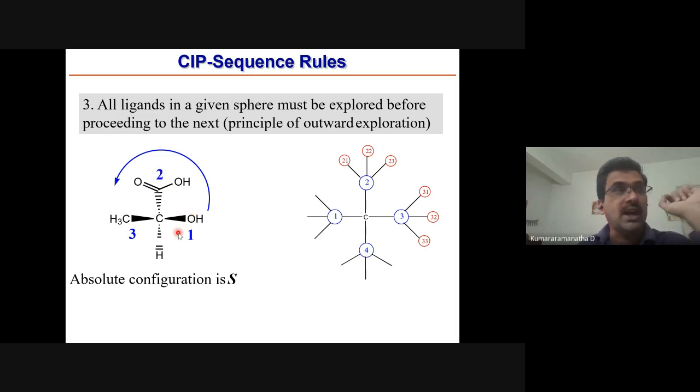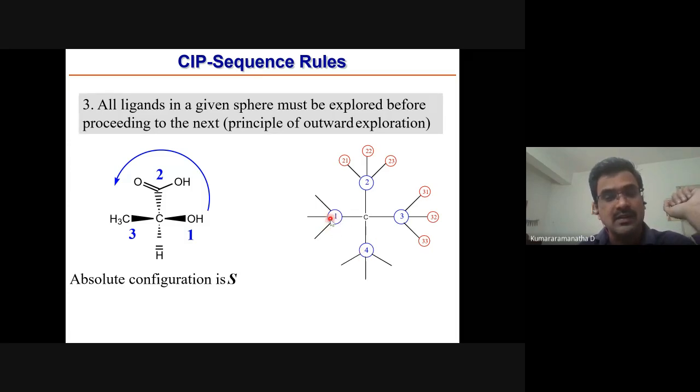Carbon attached directly to an oxygen group, because higher atomic number comes first, and then the second, and the third one is carbon attached to hydrogen. So now the absolute configuration is S. What exactly we were discussing is assigning the priorities like this.